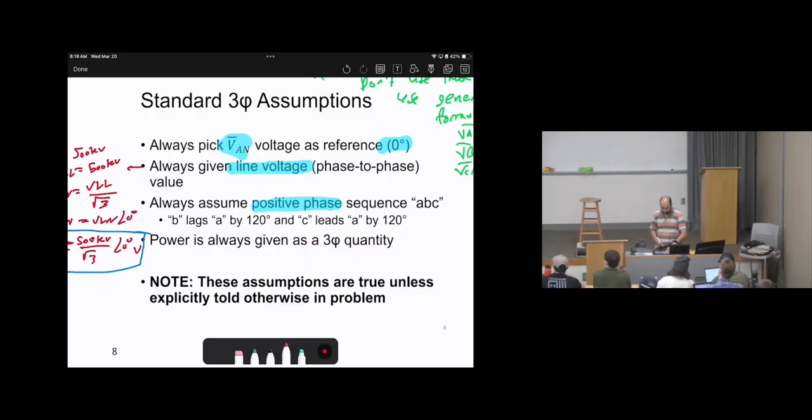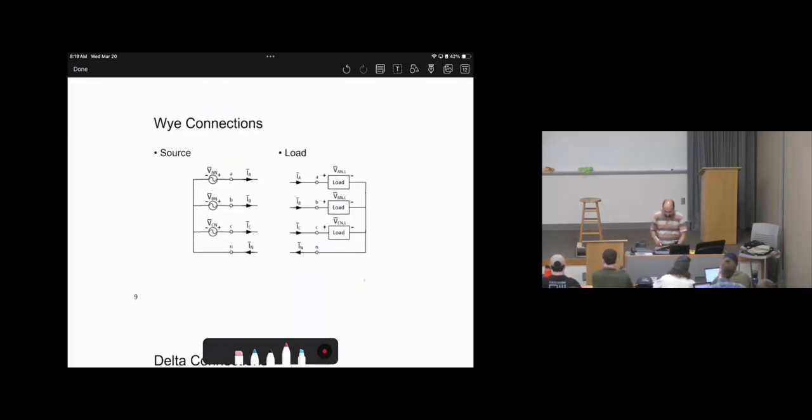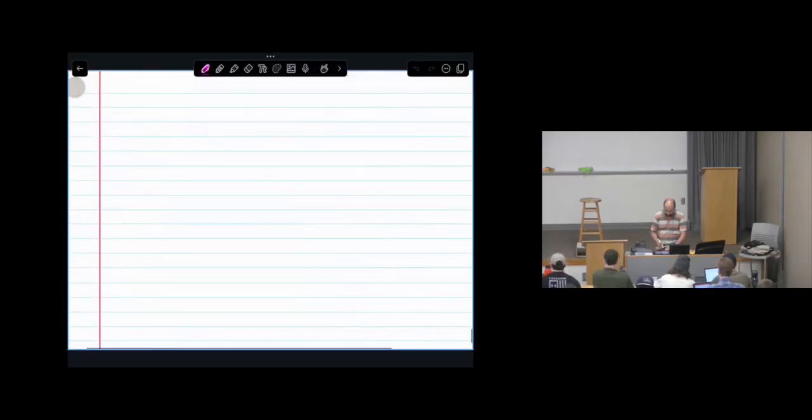Okay, good. Now before going to the other Y connection, I would like to give you an example about three-phase analysis. So assume we have the following information. Here is an example.